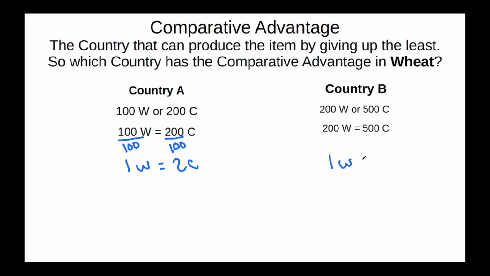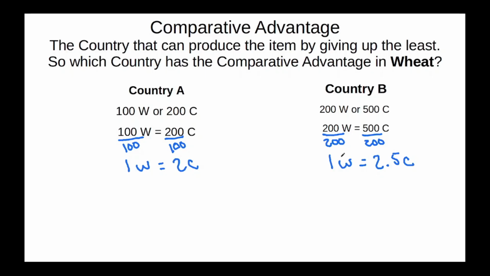For country B, we'll do the same thing. We're going to come down to 1 item of wheat. To get from 200 down to 1, we'll divide by 200. What we do to one side, we'll need to do to the other side. So 500 divided by 200 will give us 2.5 corn.